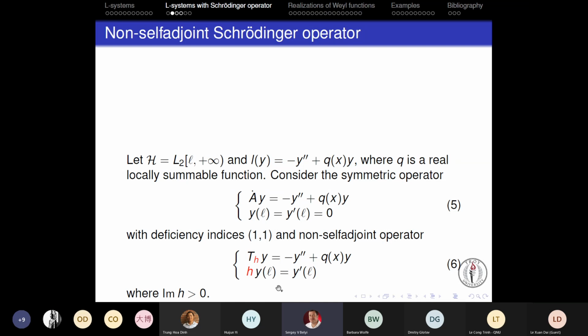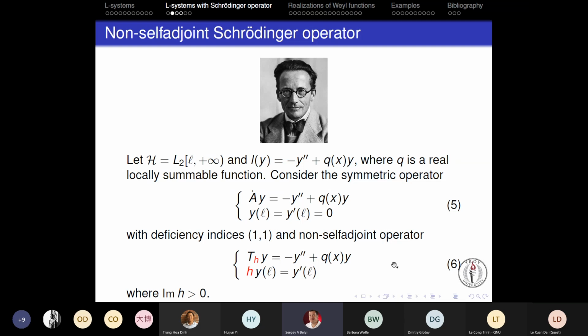And our main operator, TH, is what's called the Schrodinger operator, named after Schrodinger because that's where two theories collide, like the Schrodinger equation and the Sturm-Liouville equation.